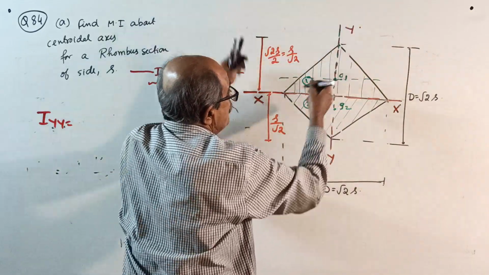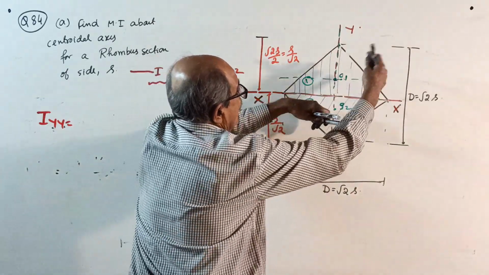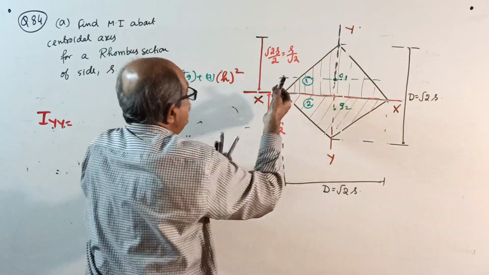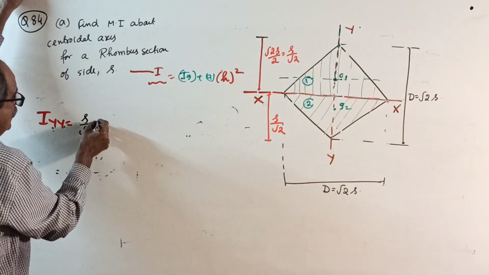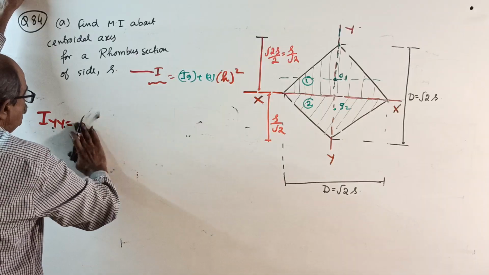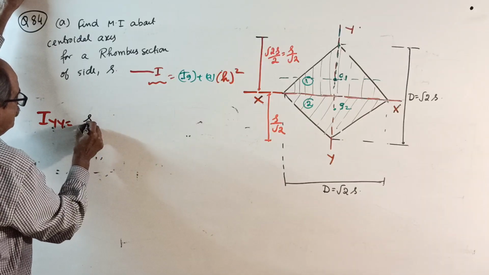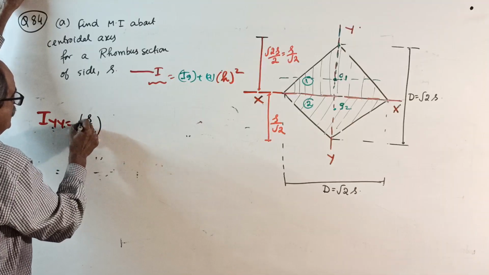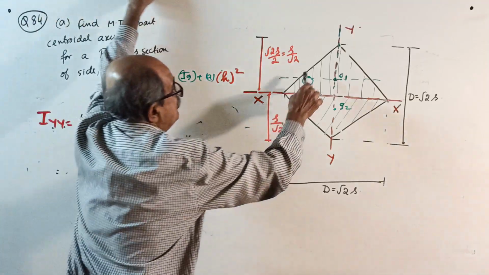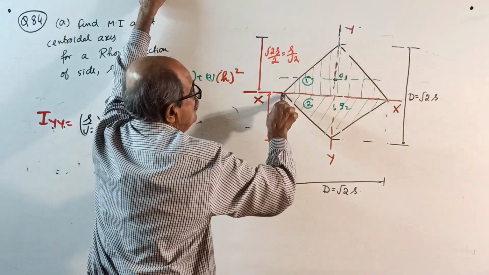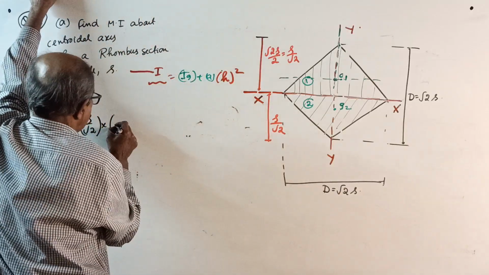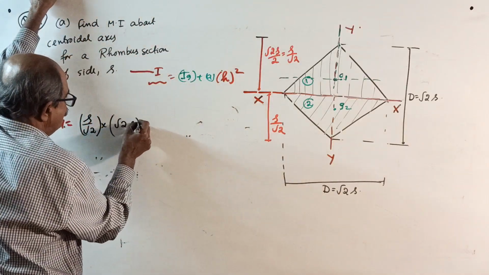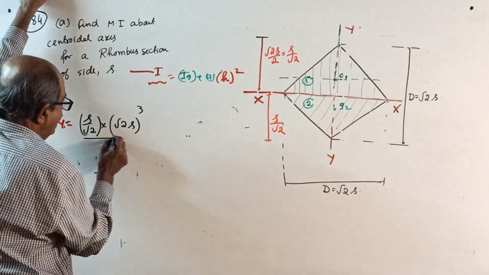Isosceles triangle, remember, for the upper triangle, the parallel side is s by root 2. I about yy is parallel side into this perpendicular side cube, root 2 s cube, divided by 36.